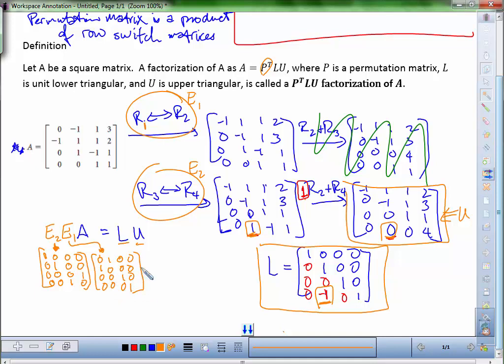So each of these would be considered an elementary matrix. And what we're going to do is we're going to find P, the permutation matrix, just by multiplying or combining these two elementary row operations.